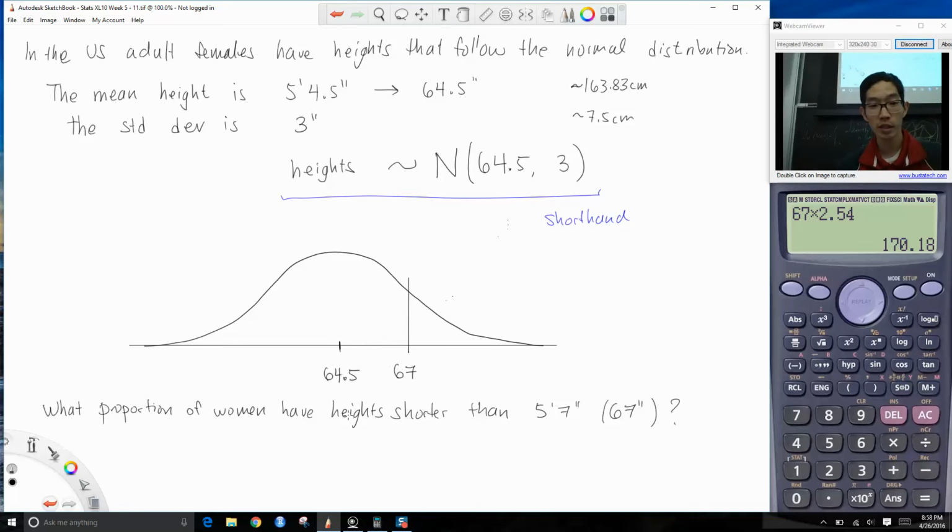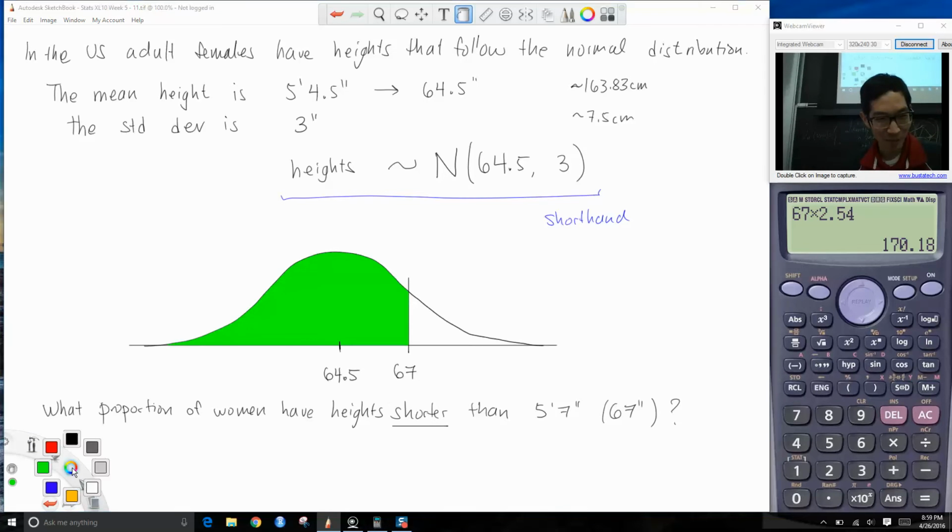And it's asking what proportion of women have heights shorter than 67 inches. So when I shade in my area, do I shade to the left or to the right? I'm shading to the left, right? Okay, shading to the left. Is that correct? So I'm shading to the left, and I want to know what is this proportion.